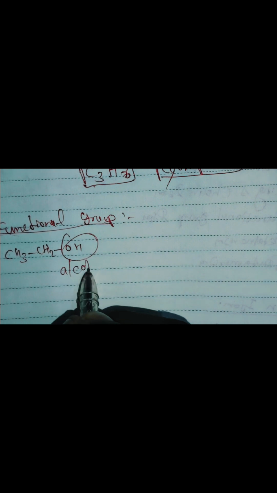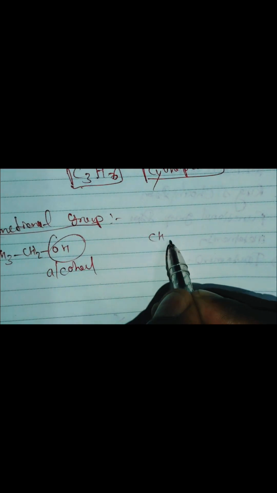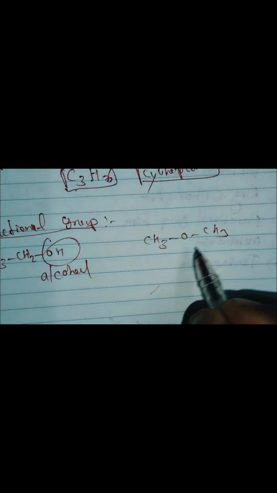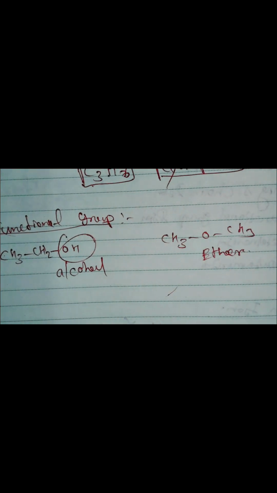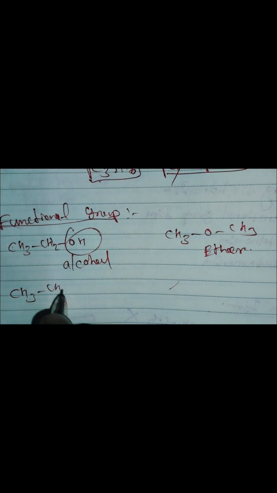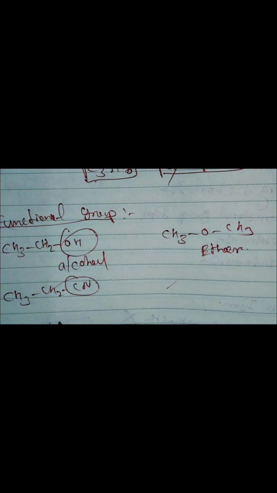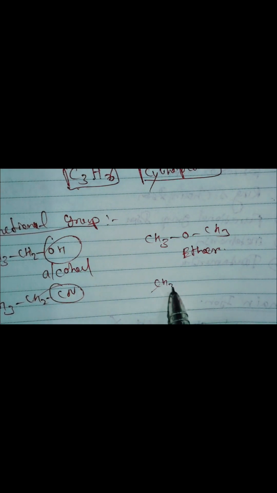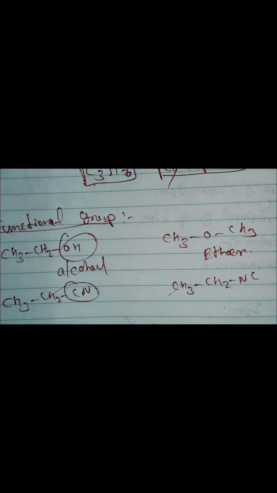For example, CH3CH2OH has an alcohol functional group, and its isomer CH3OCH3 has an ether functional group. The same molecular formula with different functional groups is called functional isomerism. Similarly, CH3CH2CN is a cyanide or nitrile, and its isomer is CH3CH2NC, an isonitrile.